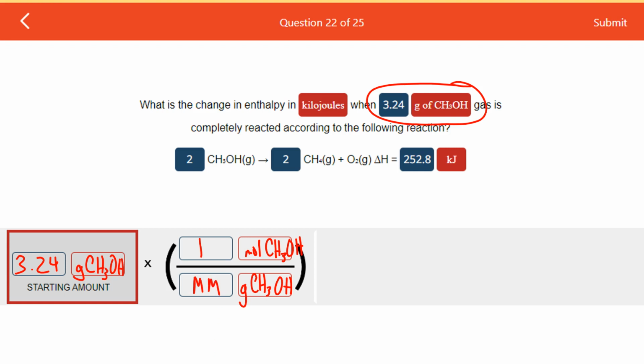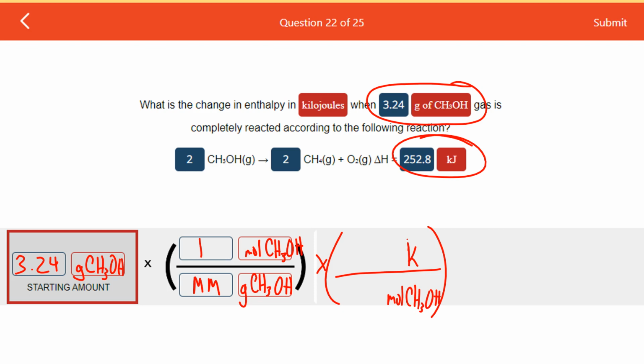Now, I'm in moles now. So since I'm in moles now, I can use that. My mole ratio is going to be based off of that. So I have mole of CH3OH to kilojoule.